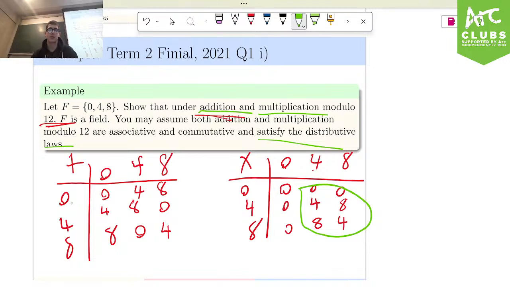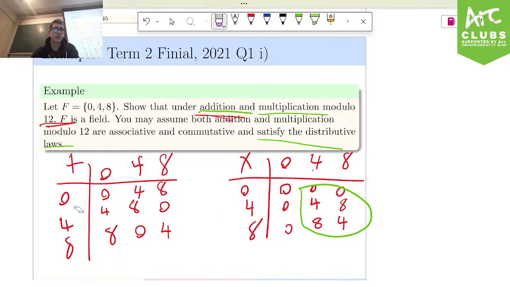So that means that we do in fact have a group, and you can hopefully see that the multiplicative identity is in fact 4, because if we multiply 4 by 4, it remains 4. We multiply 4 by 8, it remains 8, so it's keeping everything intact. And say here as well, the inverse of 8 is going to be itself. Inverse of 4 is going to be itself, so it works out quite nicely like this.